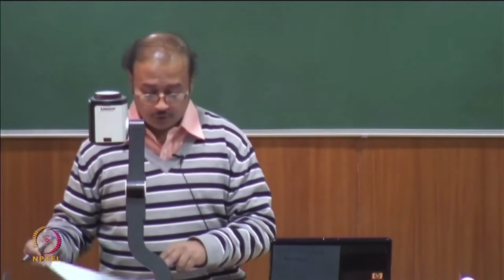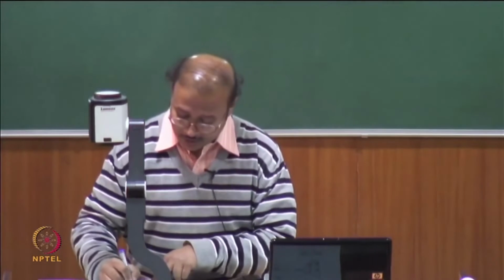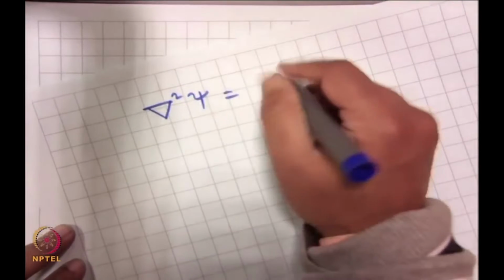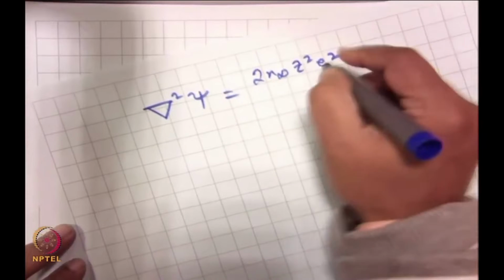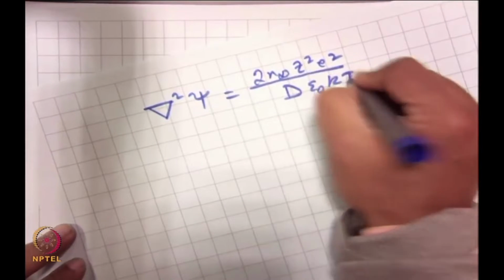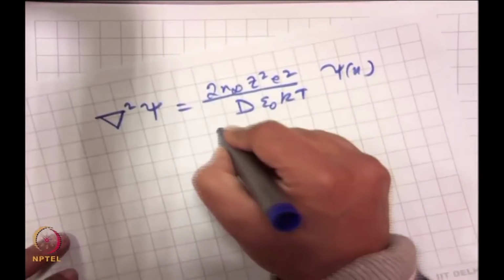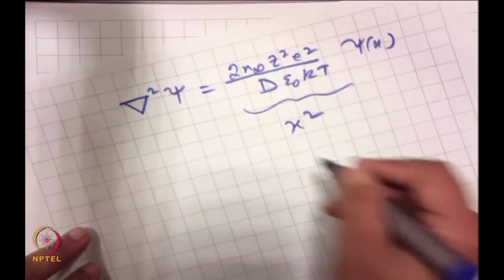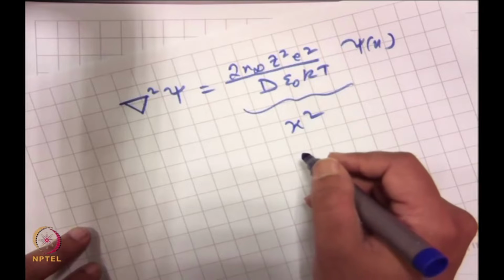On doing that, the equation we reached was del square psi is equal to 2 n infinity z squared E squared over d epsilon 0 k t, times psi of x, and this factor is referred to as kappa squared.